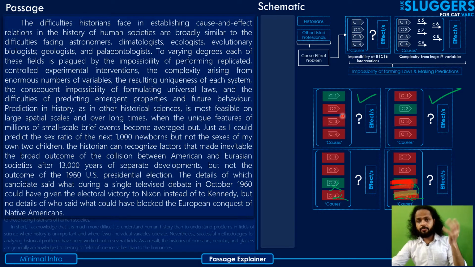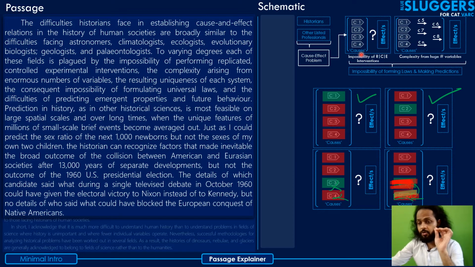It has happened once, and the historian has to rely on his analysis and will not be in a position to conduct such replicated controlled experimental interventions to figure out what were the major causes of the independence of our country, right?